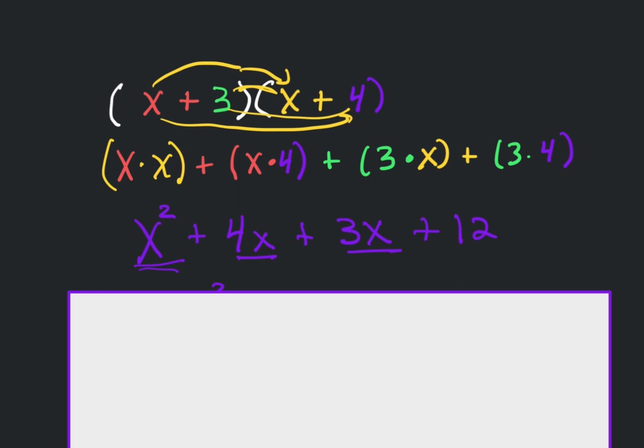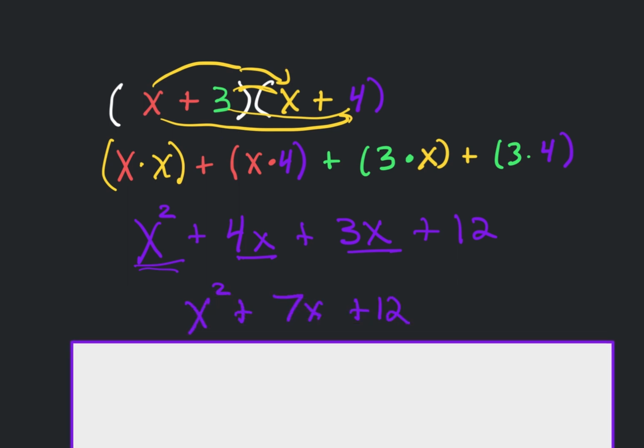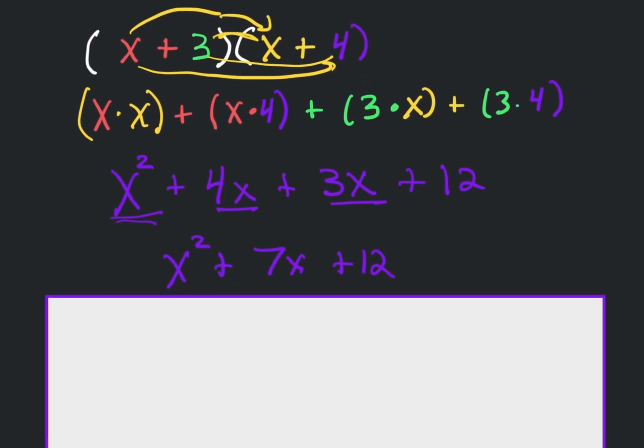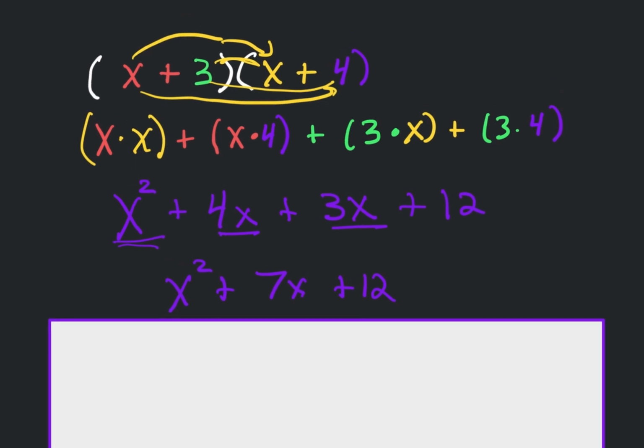That means we can combine those middle 2 terms and end up with a final result of x squared plus 7x plus 12. And that's our final result of multiplying together these 2 binomials, x plus 3 times x plus 4.